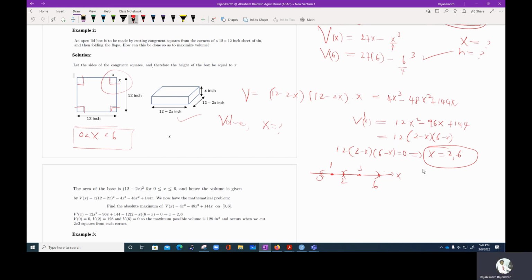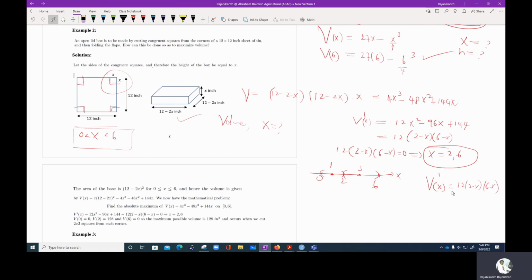You could plug into your function and find the sign of that. Remember the first derivative function is V prime of x. This is your function, right? First derivative.